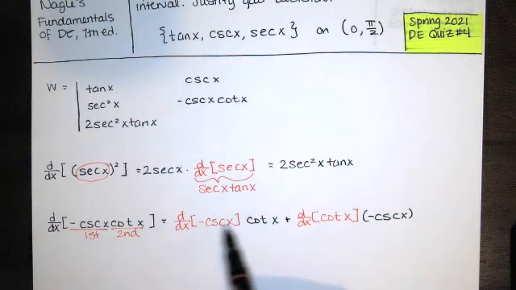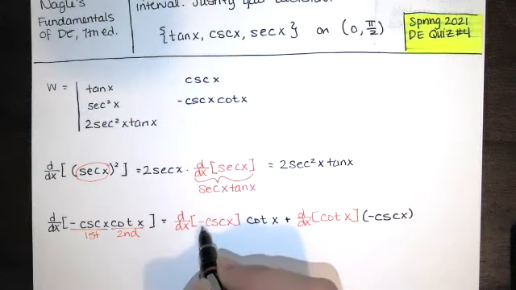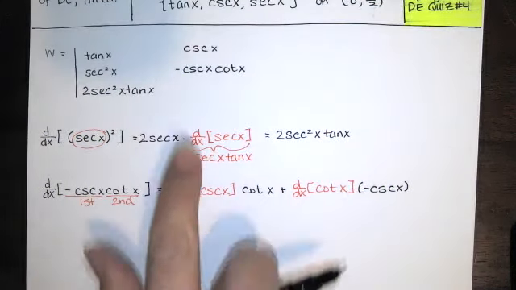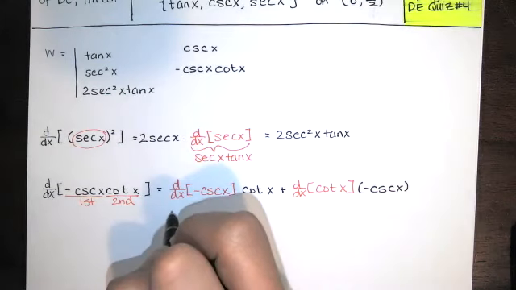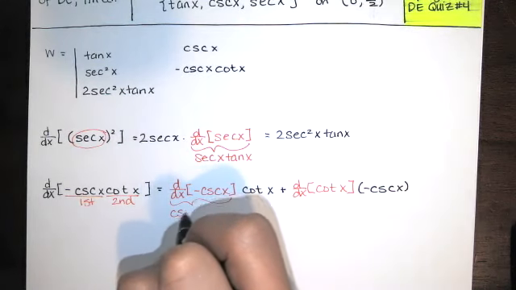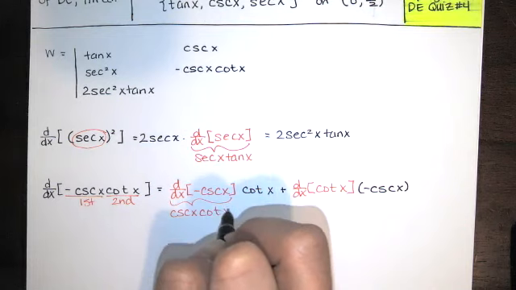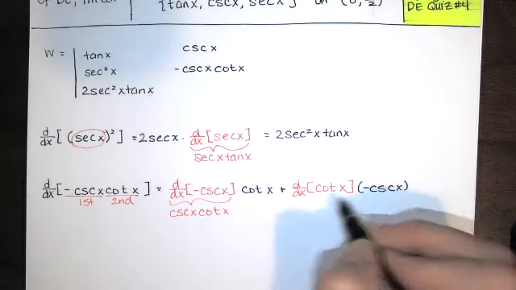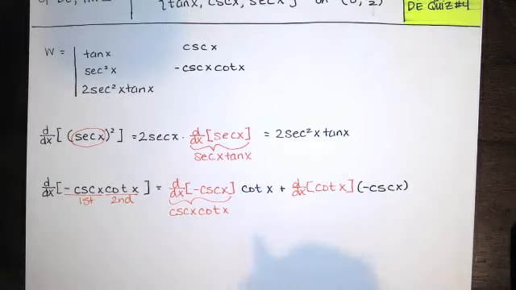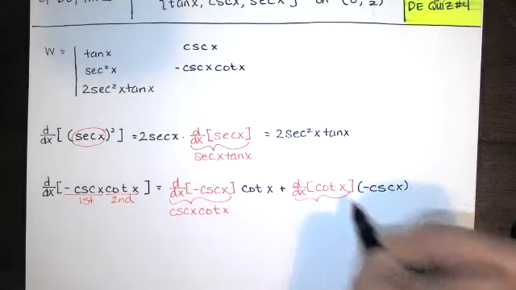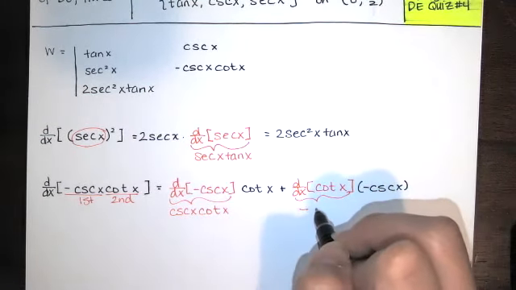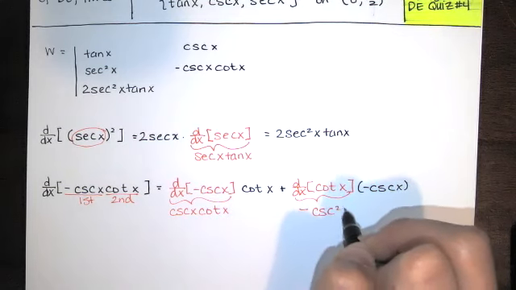And again, the derivative of cosecant is negative cosecant cotangent, and a negative times that negative will be a positive. So we'll have a positive cosecant of x times cotangent of x here. And then the derivative of cotangent of x is negative cosecant squared x. So we have a negative 1 times cosecant squared x.